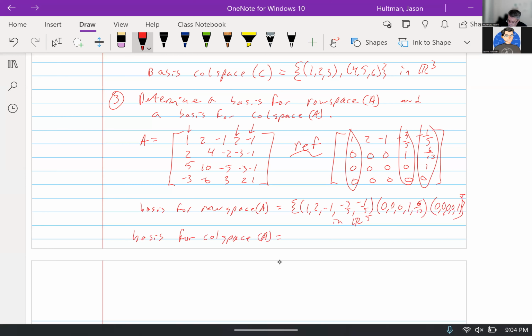So that's going to be 1, 2, 5, -3, 2, -3, -3, 2, and -1, -1, -1, 1. And that's in R4. Okay, so that's row space, column space, basis for row space, basis for column space. And I'll see you in the next section.